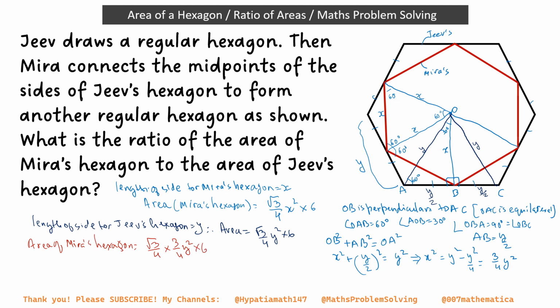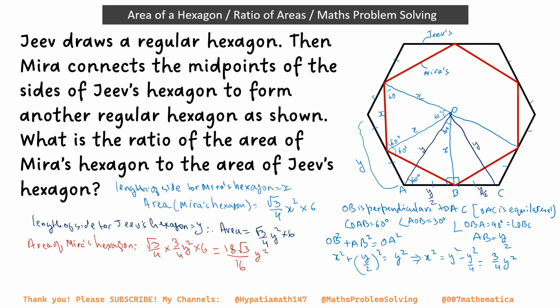I can simplify it, but I will hold on to that. So 6 times 3 is 18, root 3 out of 16 y square. Now you see both Mira's and Jeev's hexagon we have in terms of y.